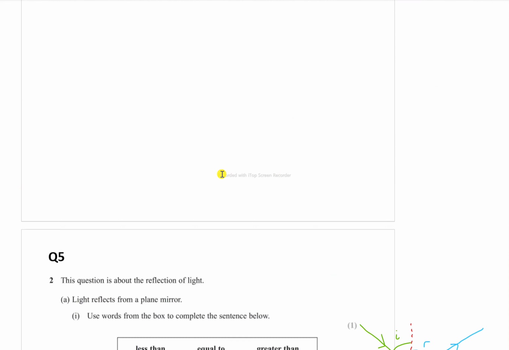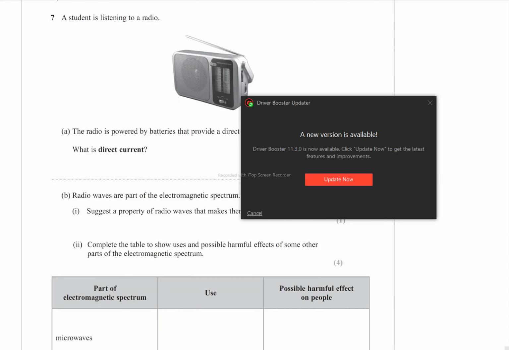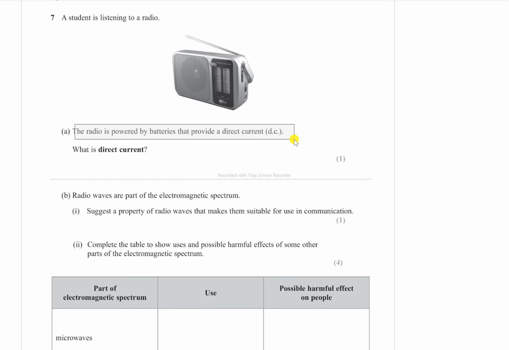Right, let's keep moving on. A student is listening to a radio. The radio is powered by batteries that provide DC current.